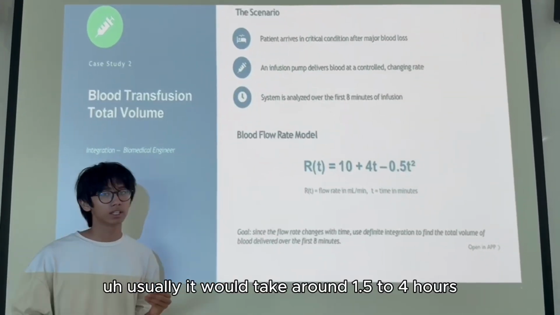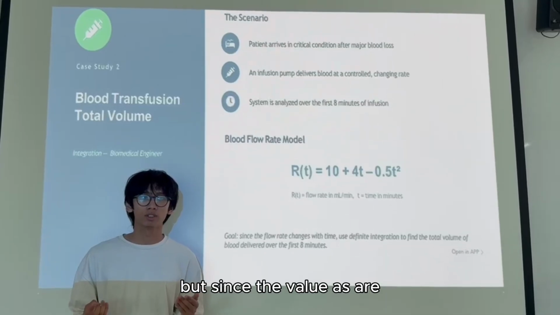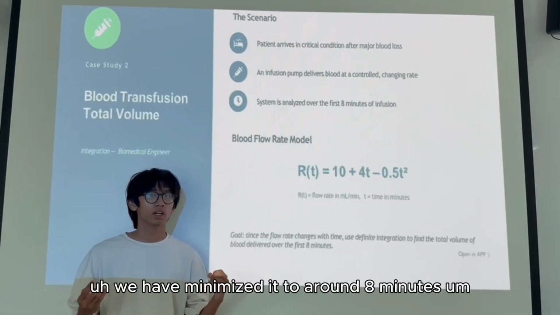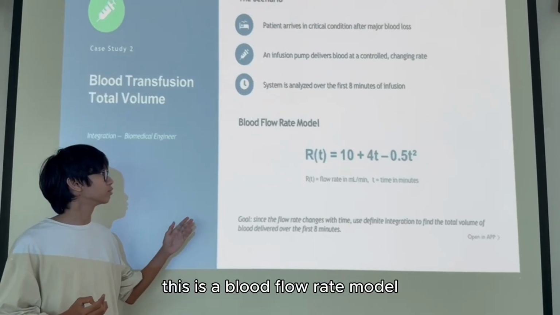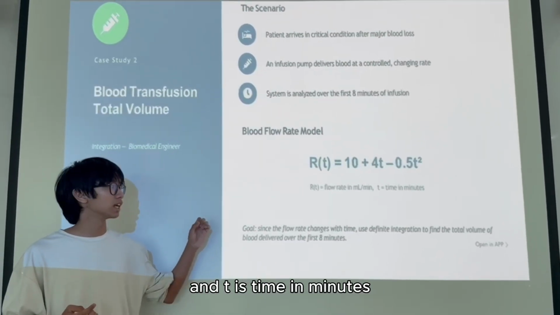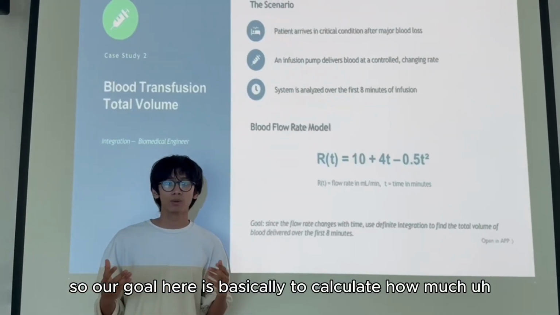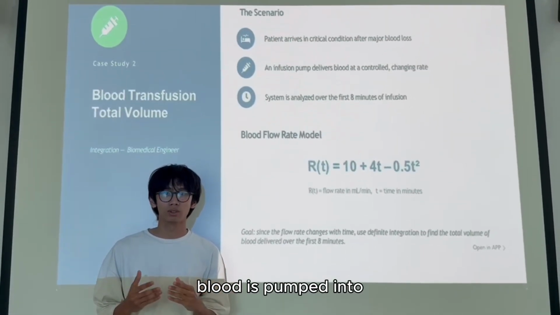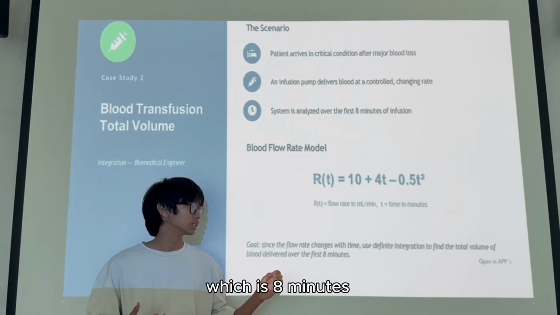Usually it would take around 1.5 to 4 hours, but since we're calculating in minutes, we have minimized it to around 8 minutes. This is the blood flow rate model. R(t) is the flow rate in milliliters per minute, and t is time in minutes. Our goal here is to calculate how much blood is pumped in 8 minutes.